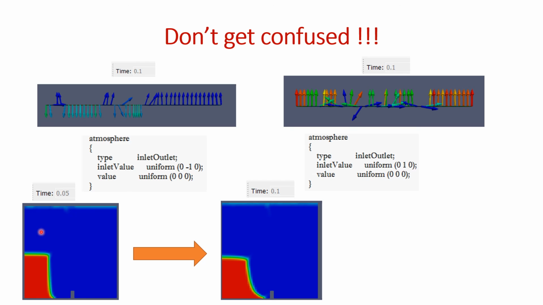I have a question: wouldn't it have been better to keep zero gradient at the outlet, so whatever the vectors are pointing inside, the same value would be given to the boundary? But no, this boundary condition doesn't consider this. It wants an inlet value in case of reverse flow, meaning we need to specify that value. That can be right or wrong, we don't know.